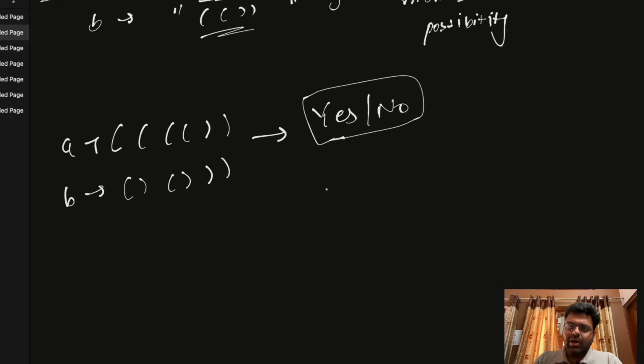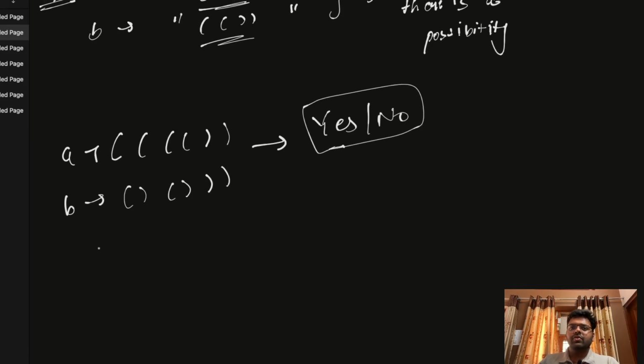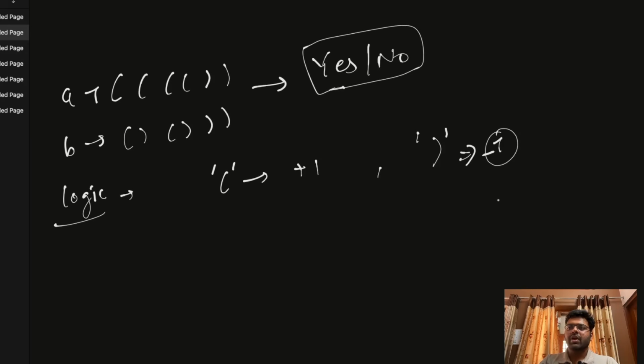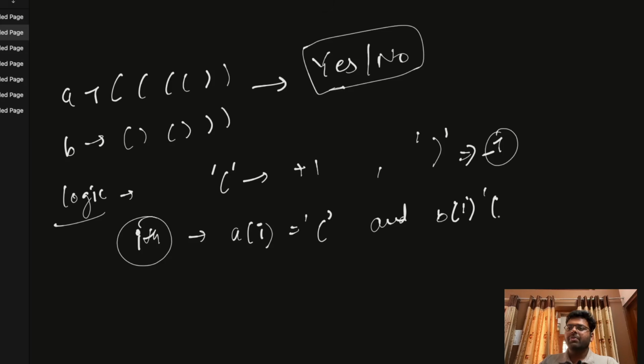Okay, so if we jump into the logic part, what I have thought is, let's assume opening brackets contribute a +1 and closing brackets contribute a -1 to our value. Now for every ith index, if A of I has an open bracket and B of I also has an open bracket, then this contributes +2 to my sum.